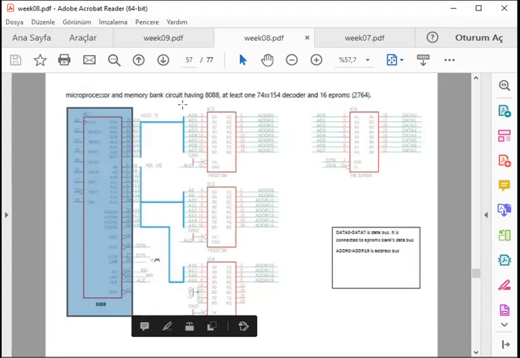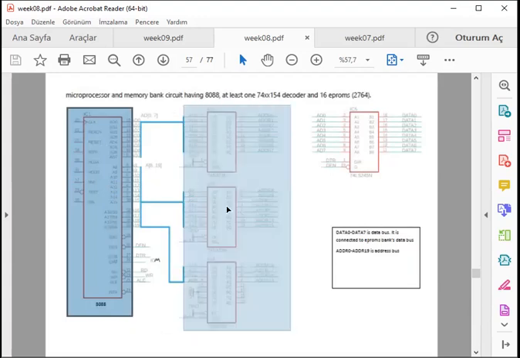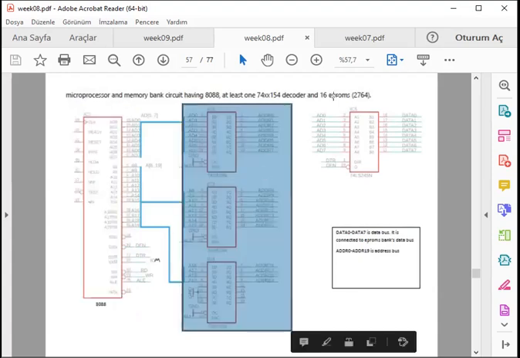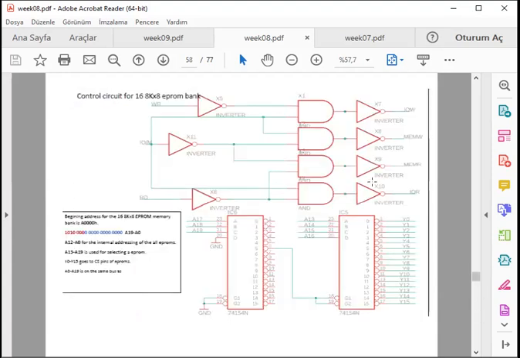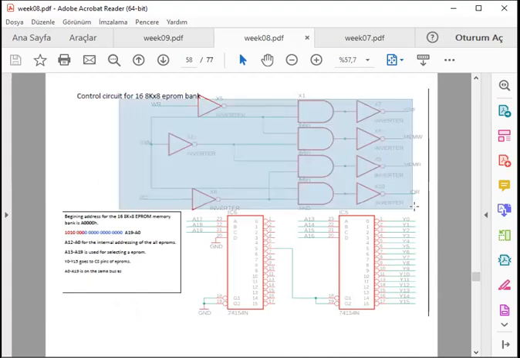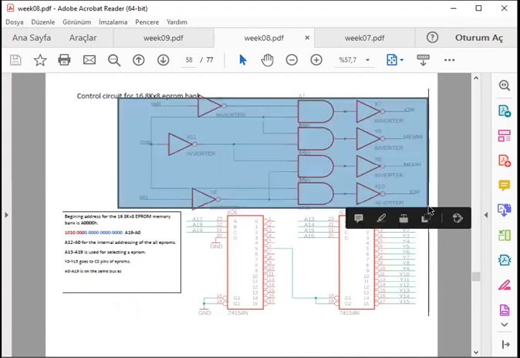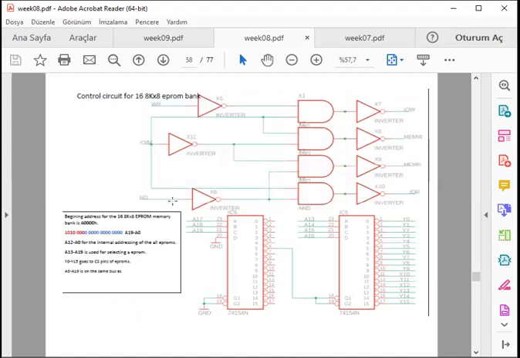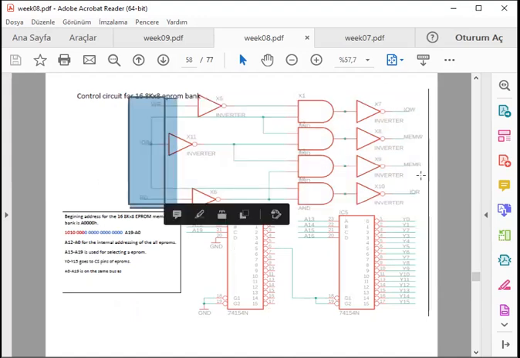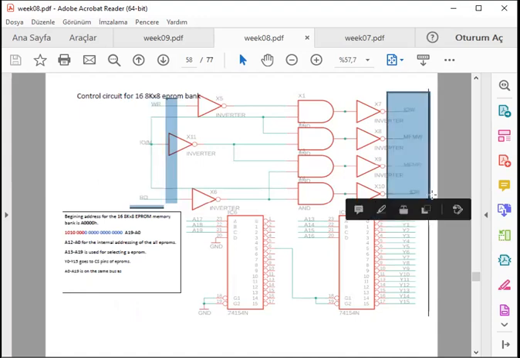This chip has 3 latches for the addresses, etc., and data bus transceivers. This is the memory read and write logic circuit, which will be explained in the I/O devices. So these 3 signals are from the chip, and these 4 signals are exclusive read and write signals for external memories, as well as input output devices.